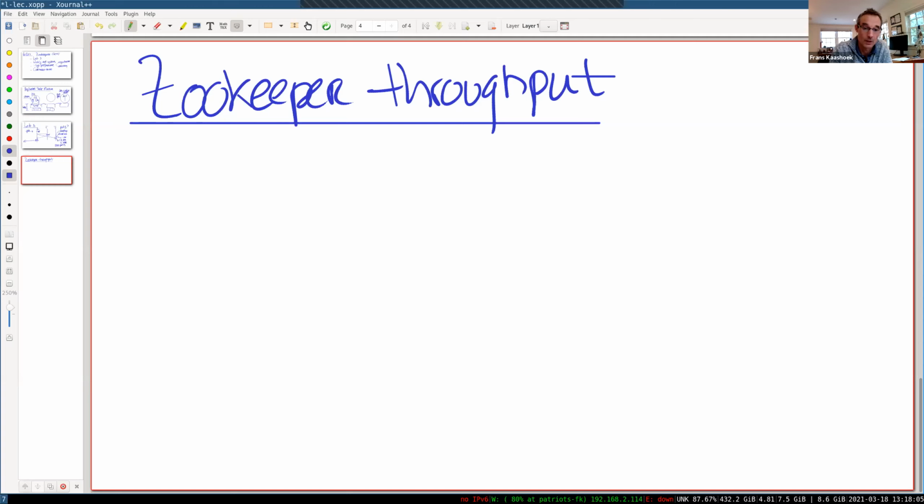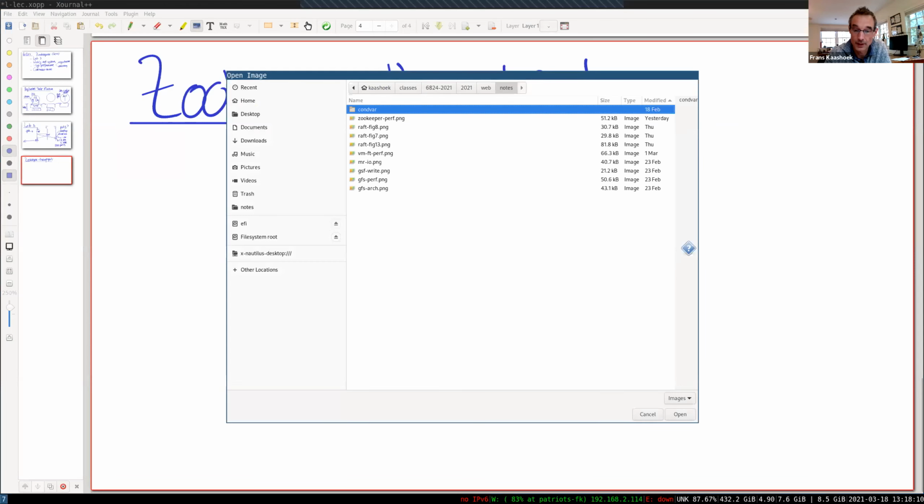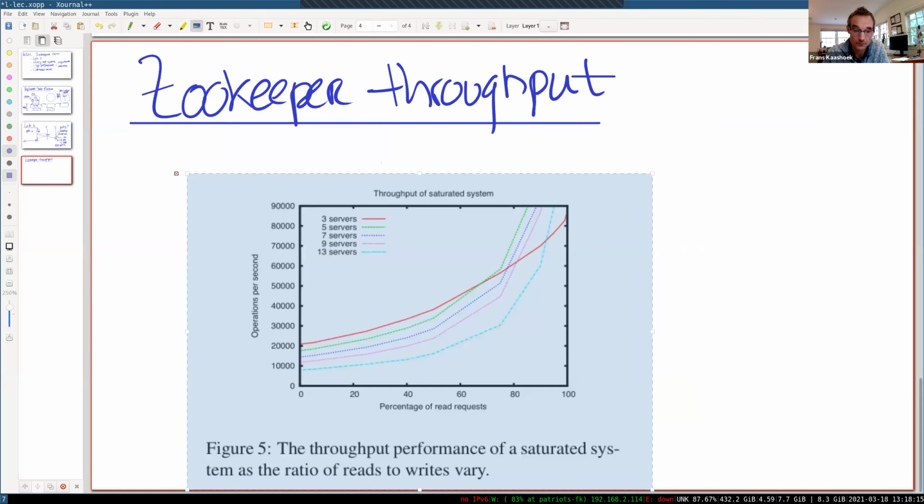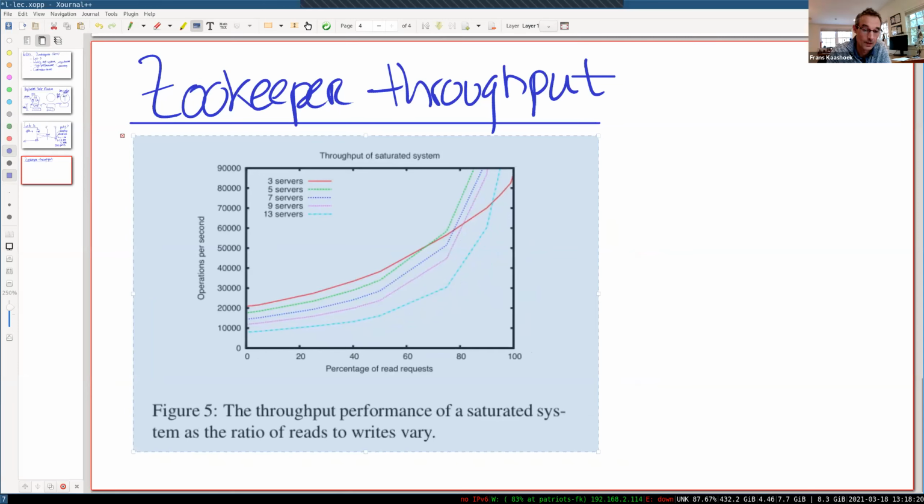Let's see what the results of that are. Let me pull up the graph out of the paper, and let's look at the graph a little bit.